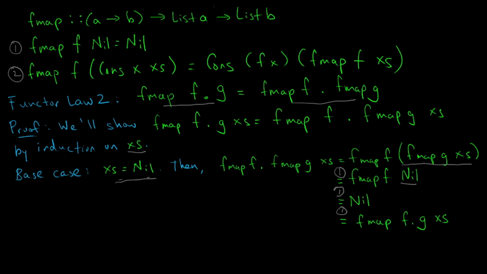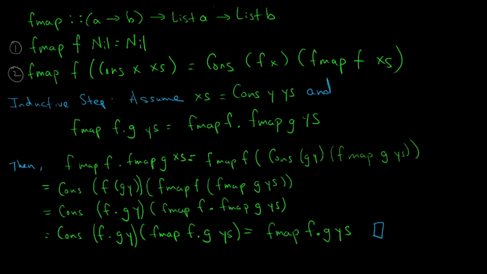Let's move on to the inductive step. All right, so in the inductive step, same strategy as last time. We'll say x's is of the form cons y y's, and we've already shown it for y's, so that means fmap of f composed with g of y's is the same as fmap of f composed with fmap of g of y's. Again, it's more convenient to start with the right-hand side of the equality, so let's do that.